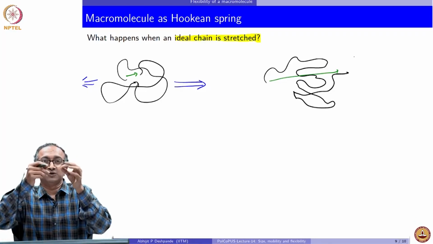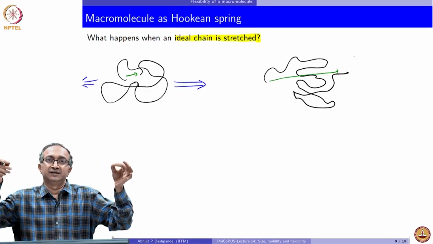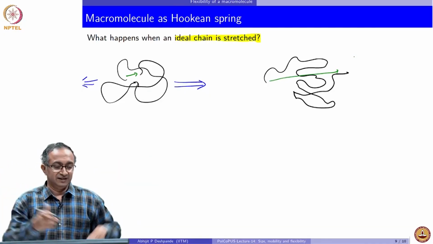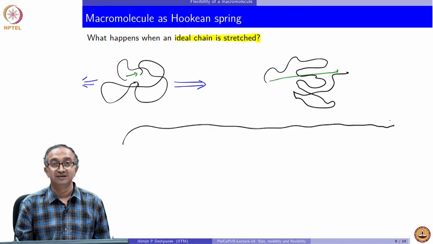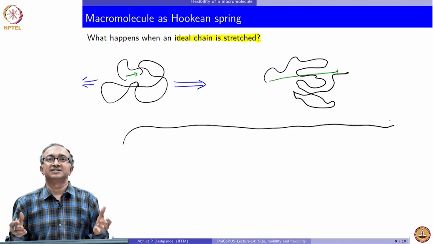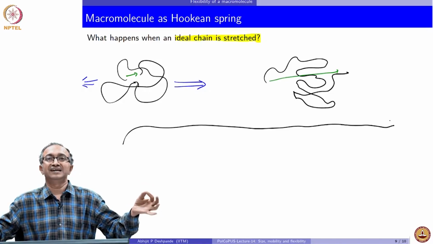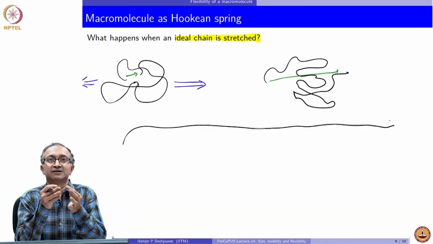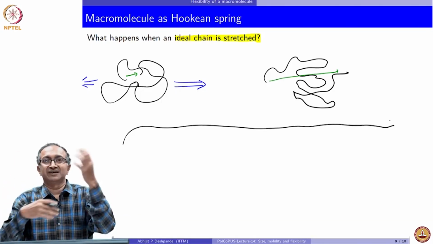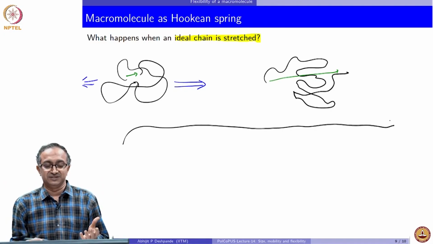What if I keep on stretching the macromolecule all the way, such that it just becomes like this? Basically no conformational changes can happen because I have completely extended the molecule. But if I bring the two ends closer and closer, then the macromolecule can take lots of conformations.